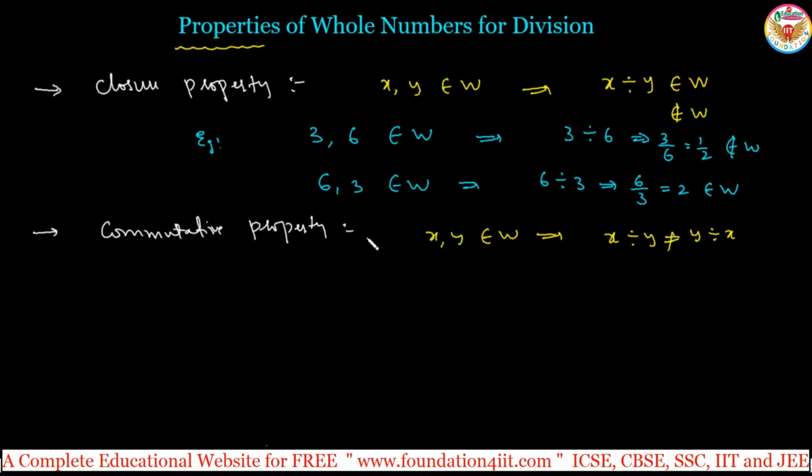So division of whole numbers is not commutative. See the example, 4 comma 8 belong to whole numbers. So 4 divided by 8 and 8 divided by 4. 4 divided by 8 is 1 by 2, 8 divided by 4 is 2 by 1. So they are not equal. So division of whole numbers is not commutative. And same way, associative.